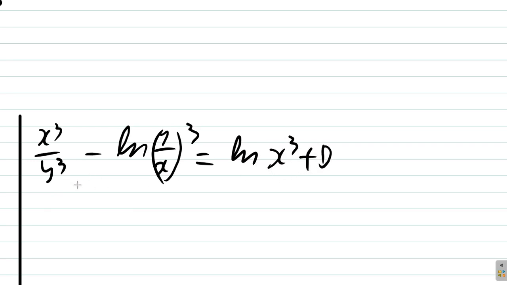Alright, so I could have this as, let's see now, what else could we do with this? Alright, so you could call this an implicit function, right? So we have x cubed over y cubed minus ln (y over x) all cubed equals ln x cubed plus d.